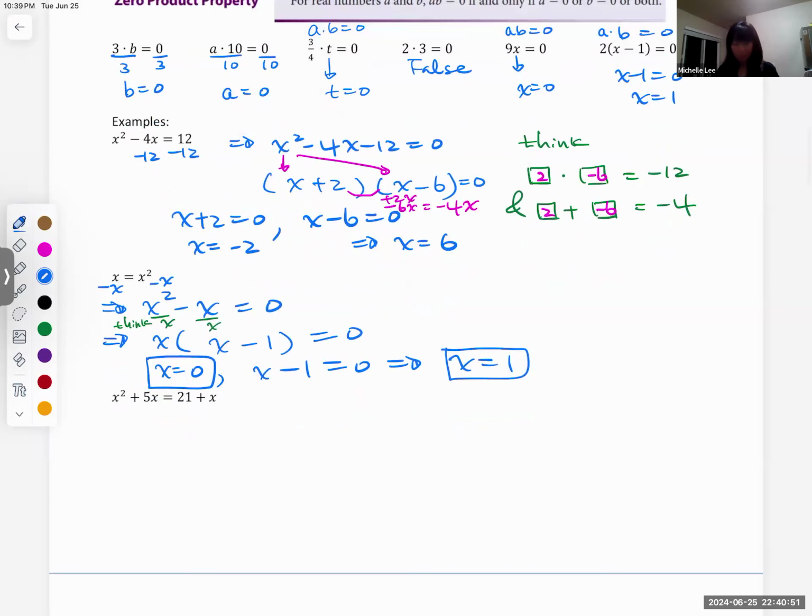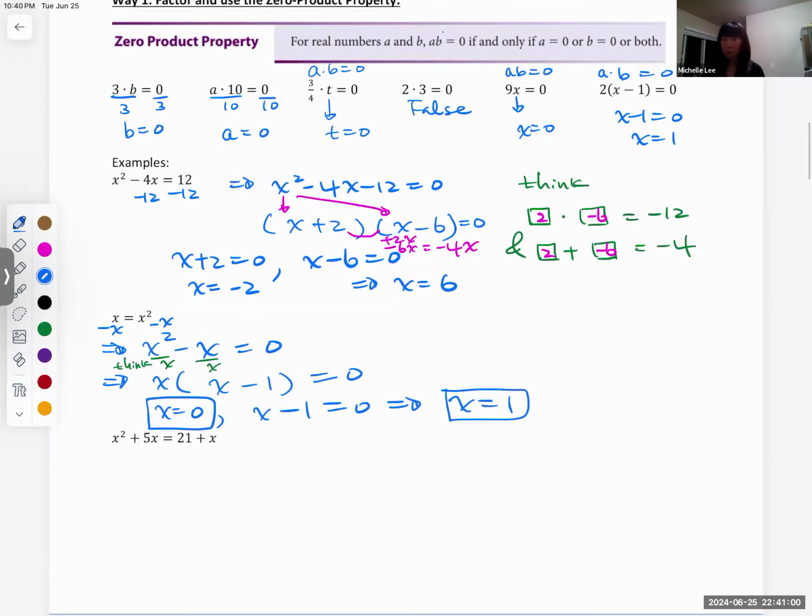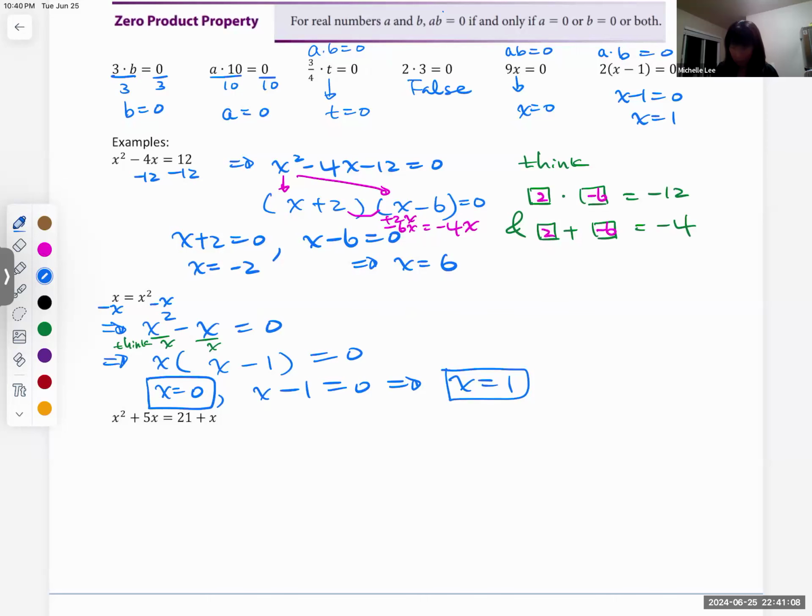Okay, now let's move everything to one side and make the other side 0 so that we can use the zero product property. So let's do that. Subtract 21 and subtract x on both sides.